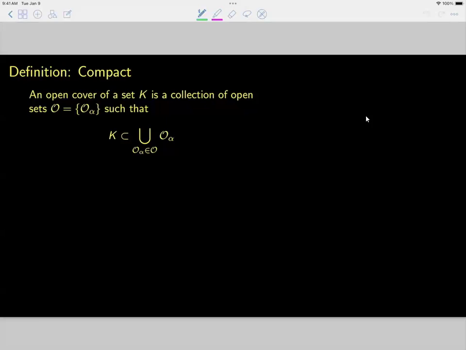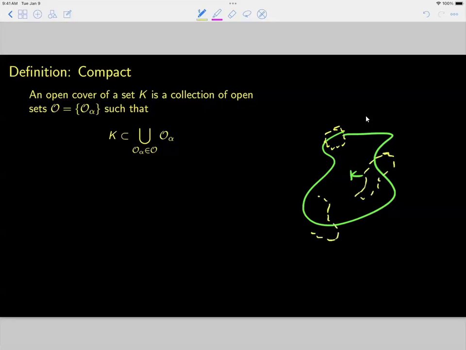So visually, you could think about you have some set K, maybe it looks like this, and you want to take open sets that cover this. And so maybe this is some sort of open set, and this is another open set, and this is another open set, and here's an open set.